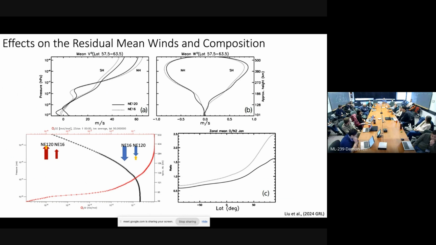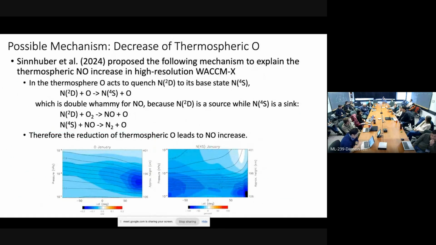And this is affecting the O/N2 ratio actually. Yeah, transport from one hemisphere to another hemisphere. So yes, you can see it here actually. This is the atomic oxygen change, basically the high res minus low res, latitude and height for January. So indeed, throughout the thermosphere, there's a decrease. Yeah, thank you.